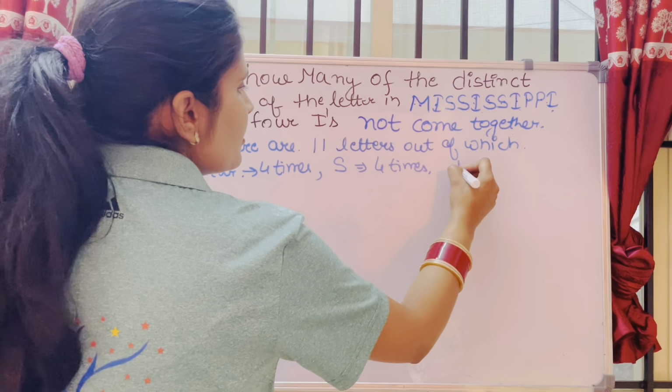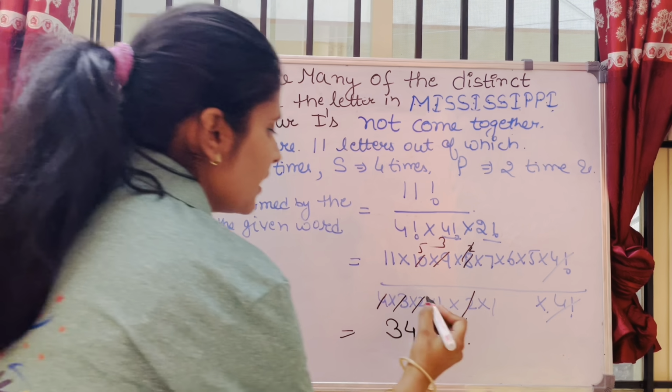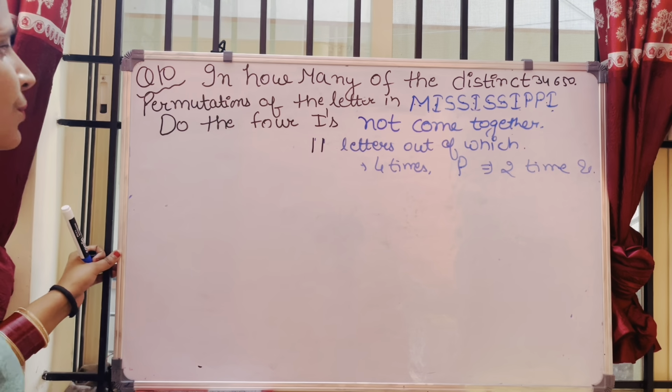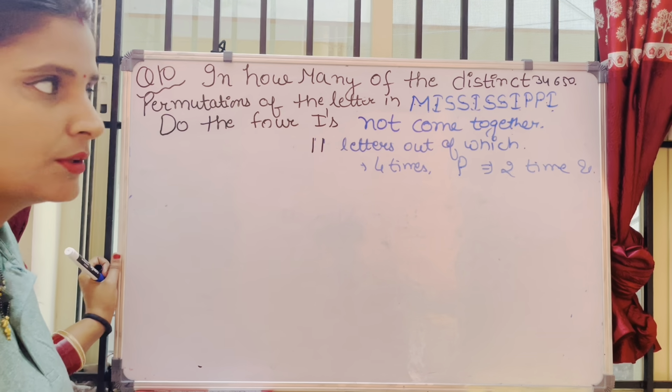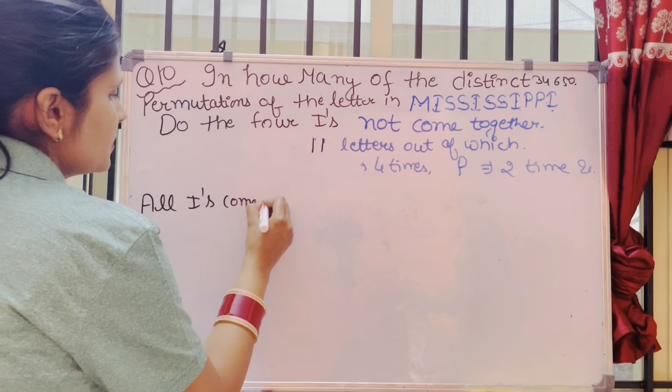After all the multiplications, you will get the answer 34,650. So 34,650 words can be formed from the given 11 letters. So this is the total number of arrangements. Keep this answer in mind. Now, for the 4 I's not coming together, first we will find when all I's come together.